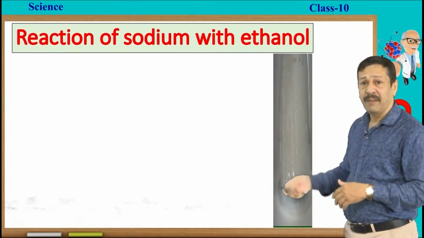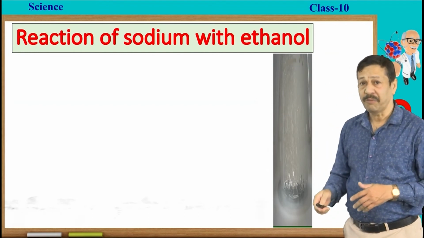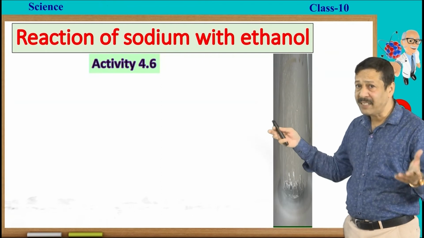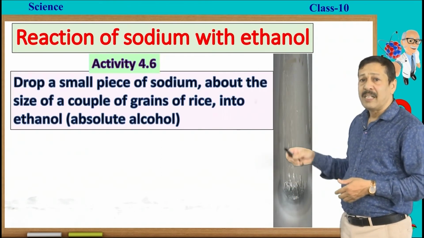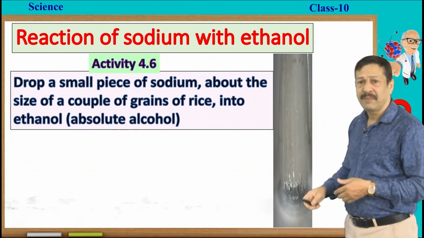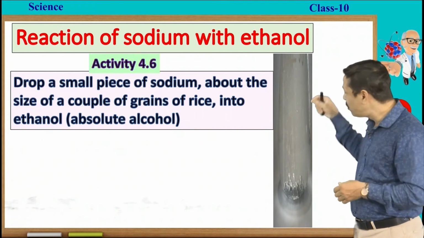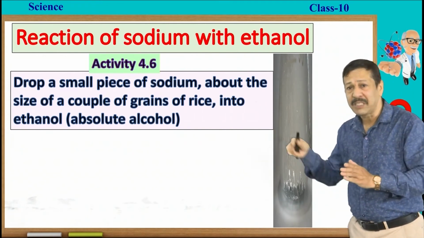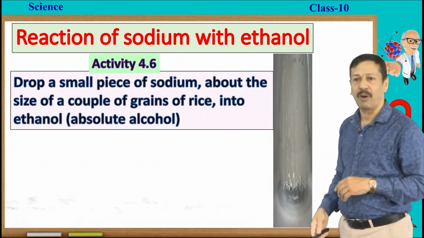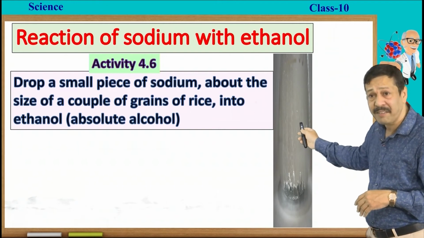Now see here, the reaction of sodium and ethanol, a very important reaction. You should write the equation also. And now see the activity. Drop a small piece of sodium, about the size of a couple of grains of rice, into ethanol, that is 100% pure alcohol, which is called absolute alcohol. Now what are you seeing here? Probably you are seeing some bubbles, right?